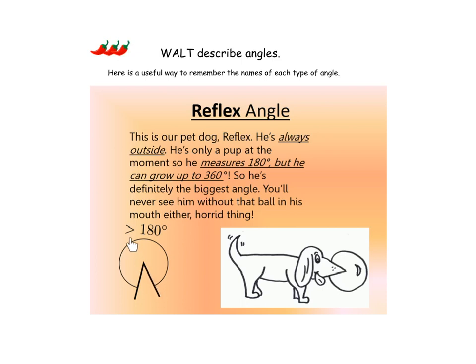So 180 is a straight line. His angle is always bigger than that, and it can even go all the way round to create a full circle, a full turn, which would be 360 degrees. So Reflex is the biggest angle, and think about it as the angle on the outside of the pointy nose.